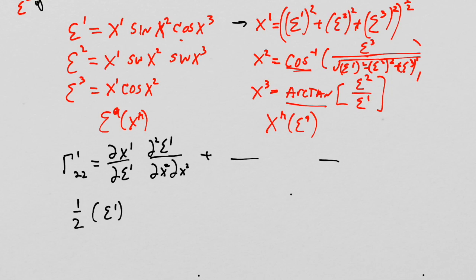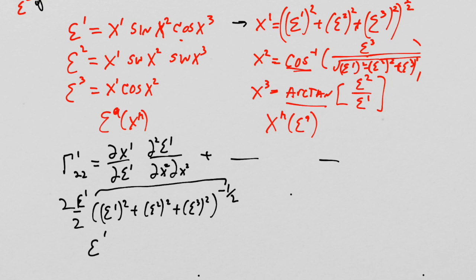We get c1 squared plus c2 squared plus c3 squared to the minus 1/2 times 2c1. So this will simplify to c1 times, and then this thing here is just 1 over x1. So it's c1 over x1, right? That's what the first term is.